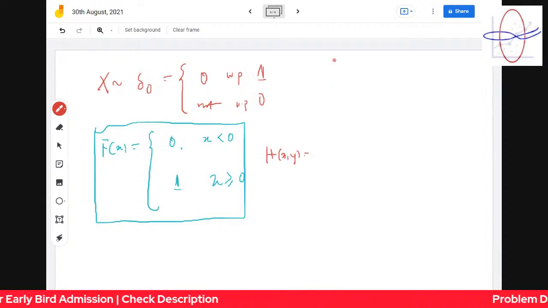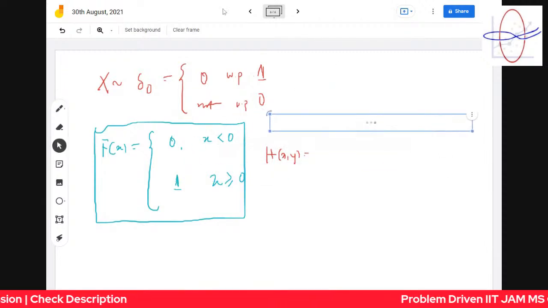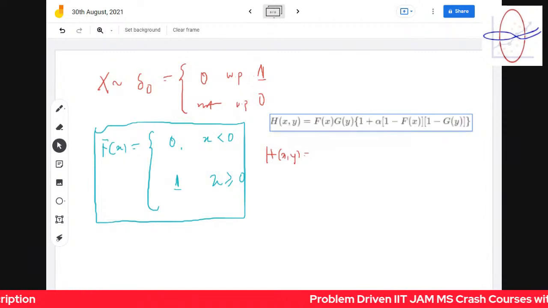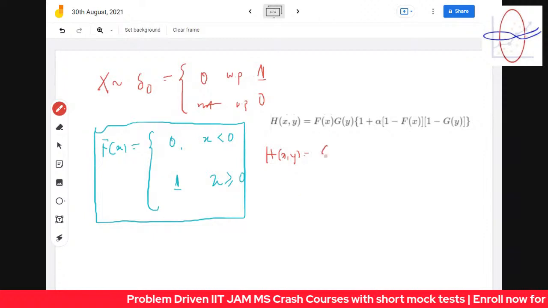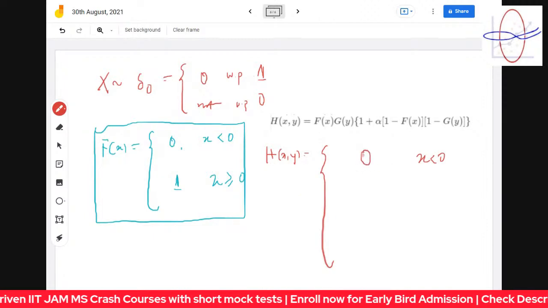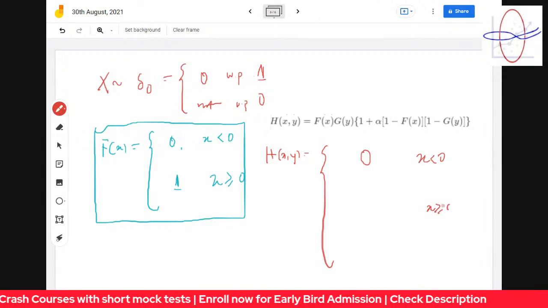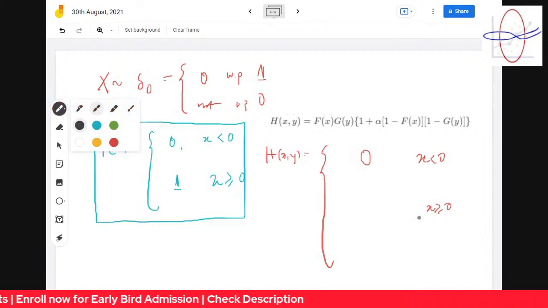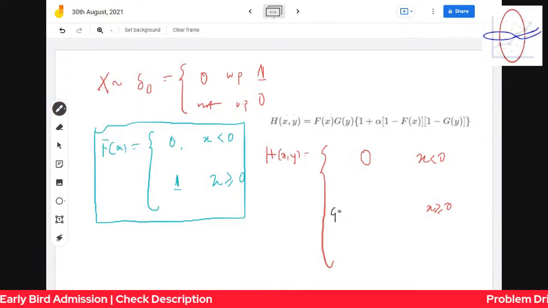So if you consider the CDF, let's try to write down h of x comma y. H of x comma y was this. So let's write down h of x comma y in this case. We have to make two conditions: x less than 0, it will be 0. For x greater than or equal to 0, you can understand it's 1. So it will turn out to be g of y.